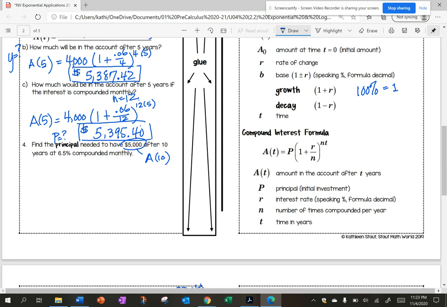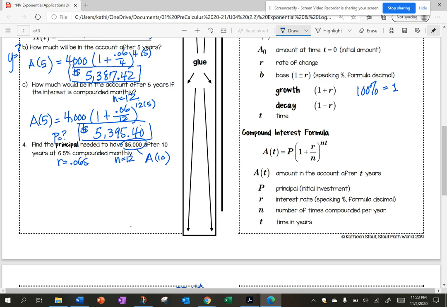So this would be A at t equals 10. My rate is 6.5%, so 0.065 as a decimal, and compounded monthly means n equals 12.